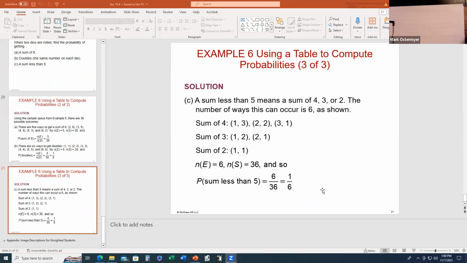All right. Is this making any sense here? We're computing probabilities here by using outcomes that are either portrayed using a tree or a table. Okay. All right.